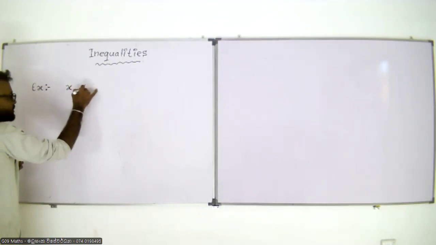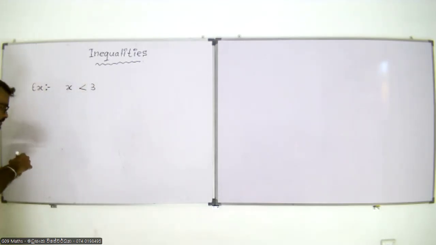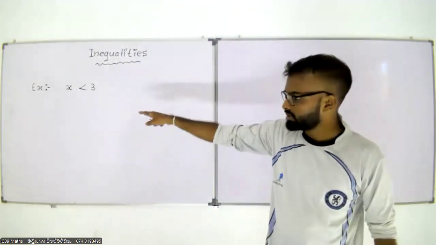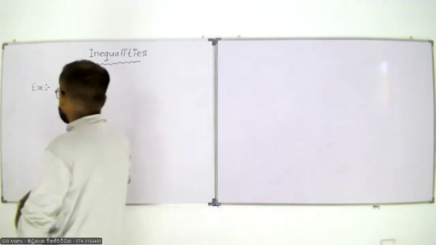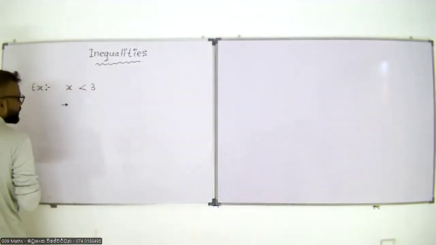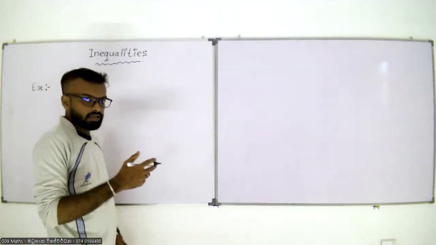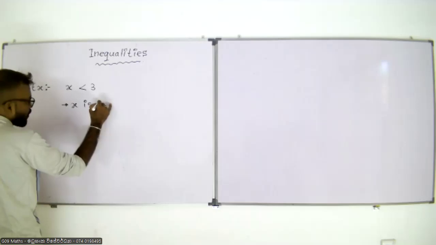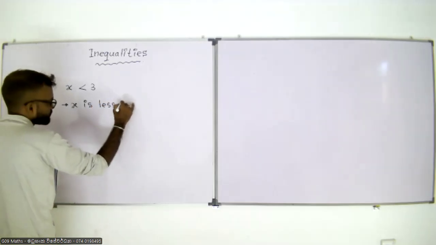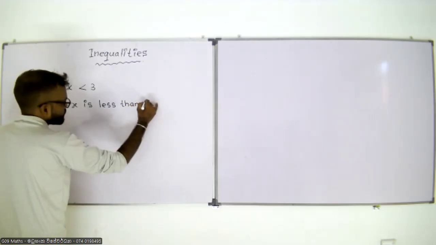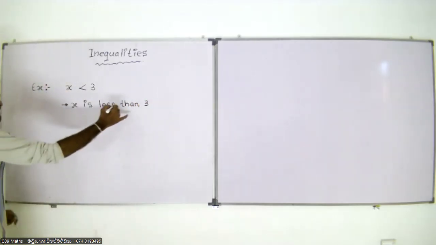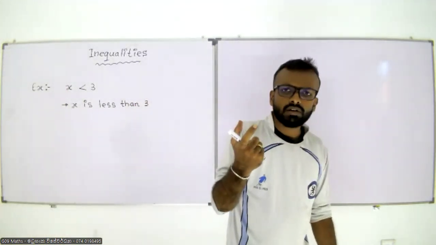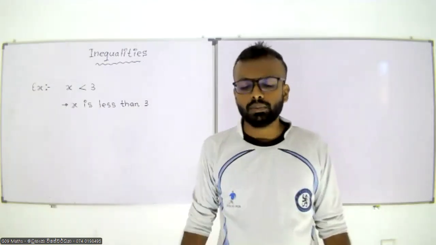I am telling you x is less than 3. So how do we read this one? X is less than 3. Leon, please write. So what are the values that we can take for the x variable?